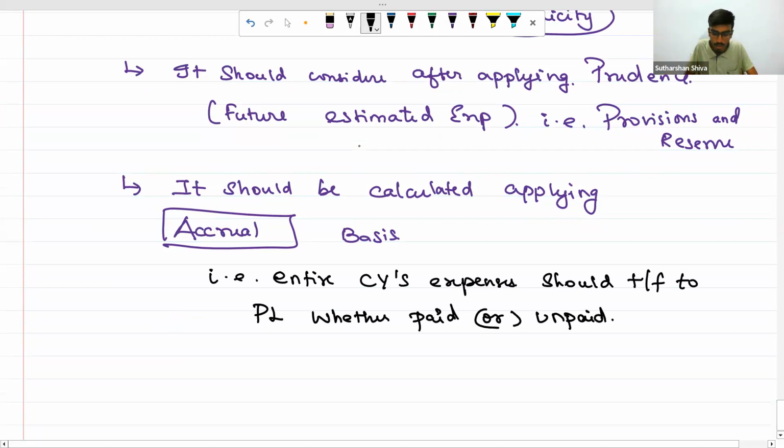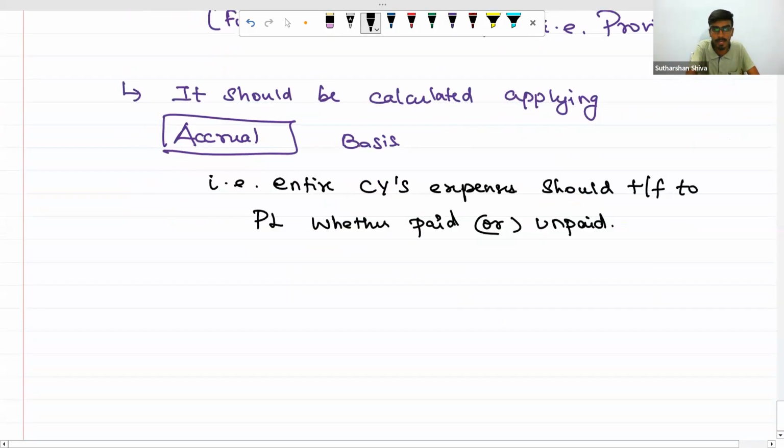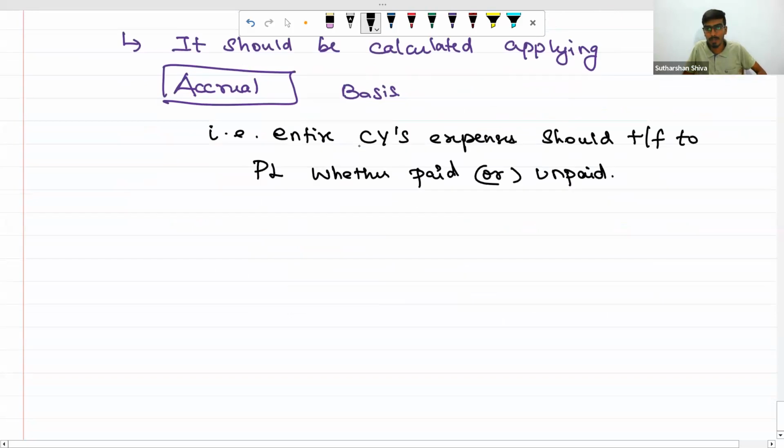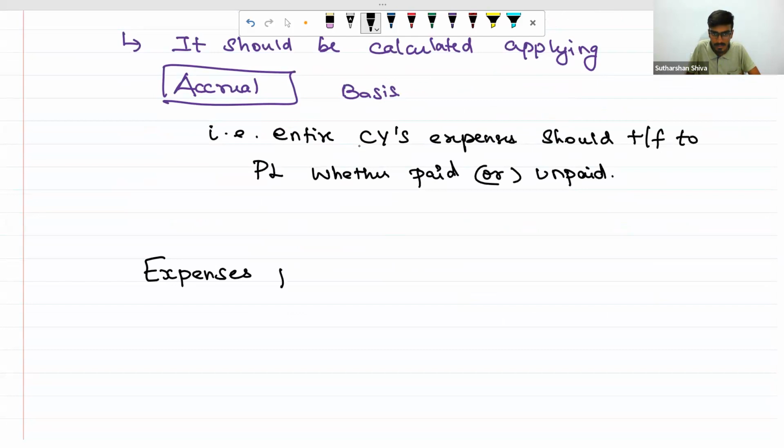How are you going to transfer it to P&L account? Like what we have seen in NPO, the same type we are going to see here. First, we will take the expenses paid in the current year, the entire expenses paid in the year.